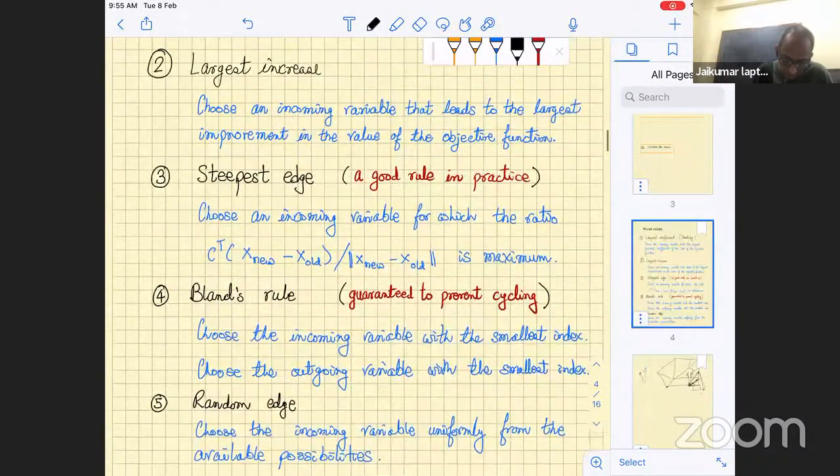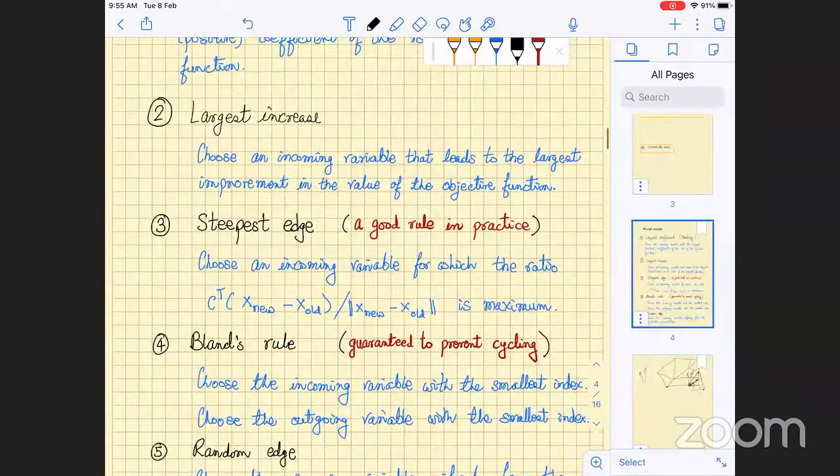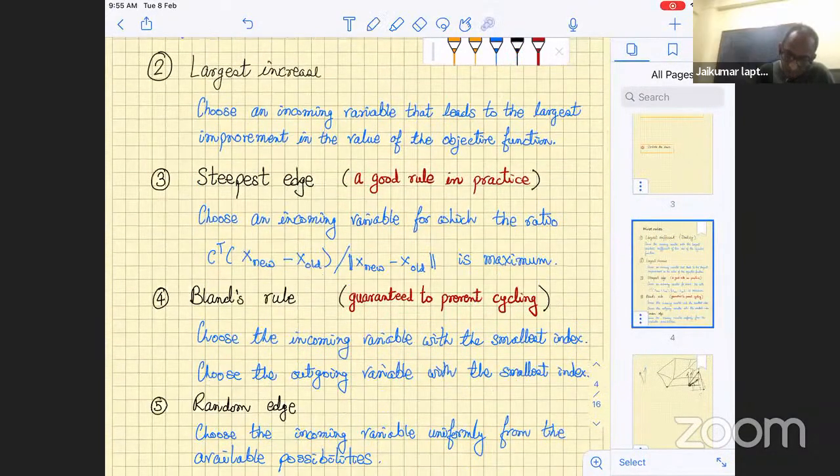So if you look at the formula, you look at the new solution, subtract the old solution, and take its dot product with C. And you normalize, so you take the unit vector in the direction of movement. Then choose that variable so that the dot product of this unit vector with C is as high as possible, which is the same thing as saying that the angle is as small.